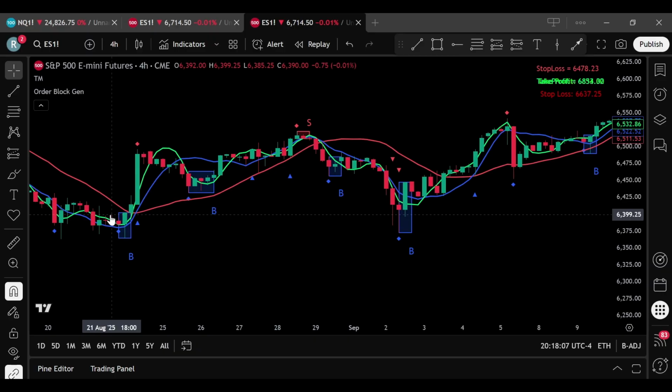So if you don't want to necessarily use Fibonacci as much to mark out premium and discount, as far as retracement levels, this will be a great way to find that.